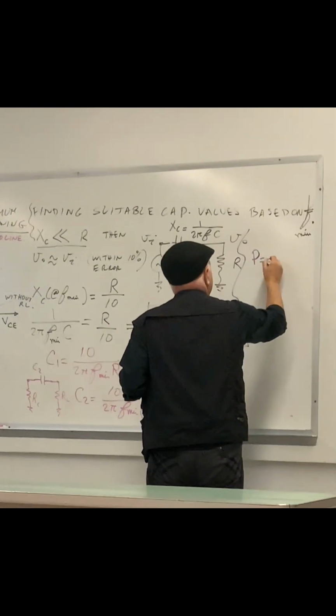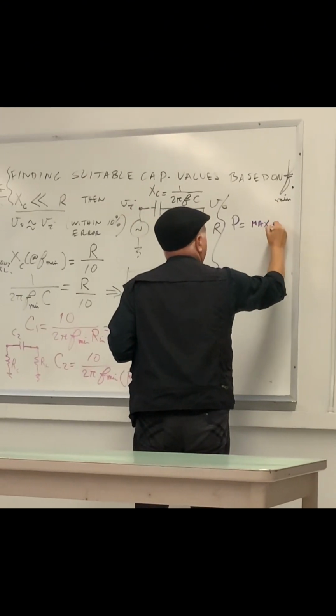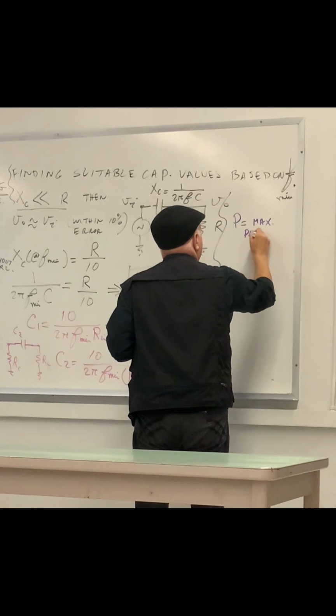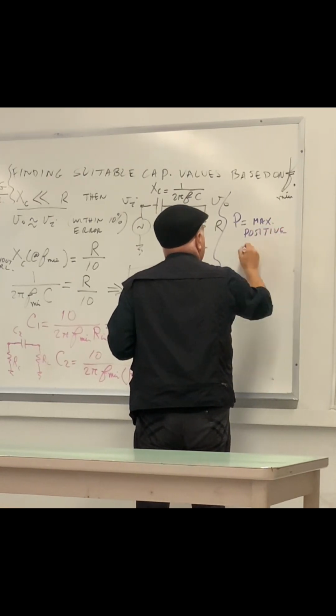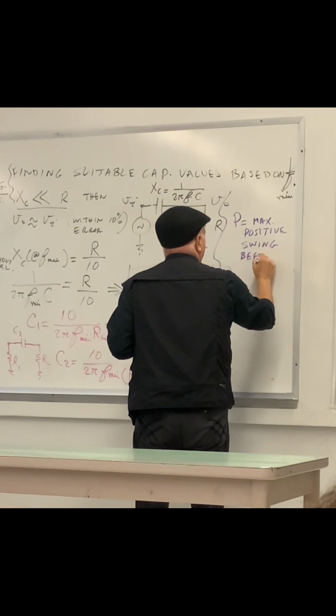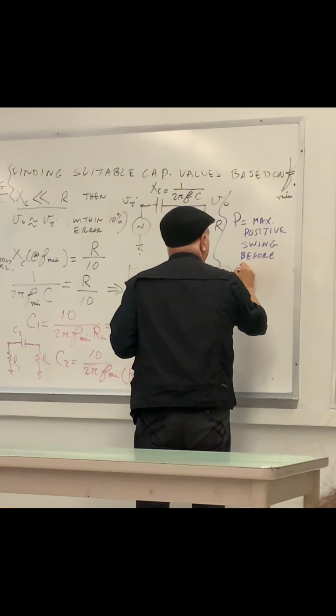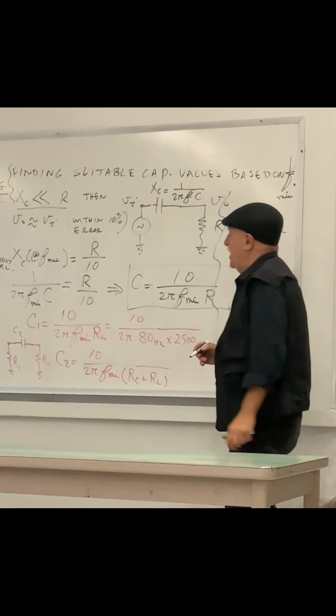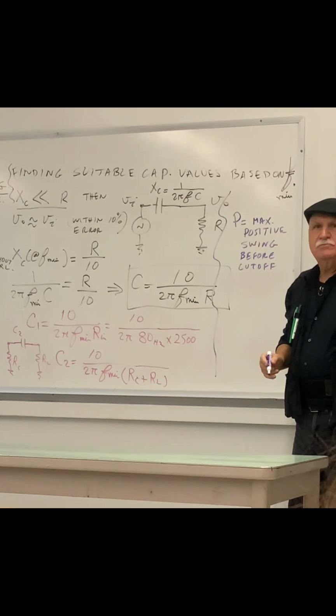P is the maximum positive swing before cutoff, and we can estimate what that is.